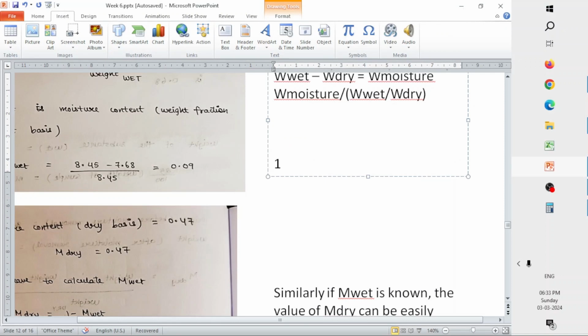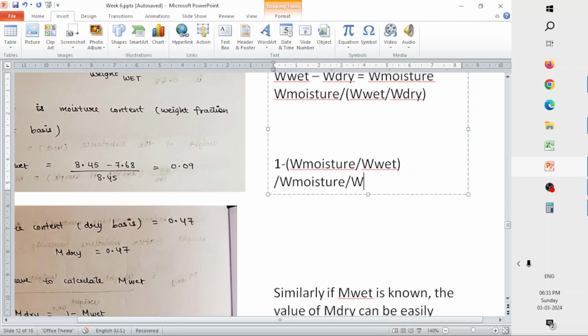So 1 minus M wet, that is the weight of moisture, let me keep it as M moisture for simplicity, divided by the weight of your wet sample, so that the whole is divided by your M wet. M wet is M moisture divided by W wet.